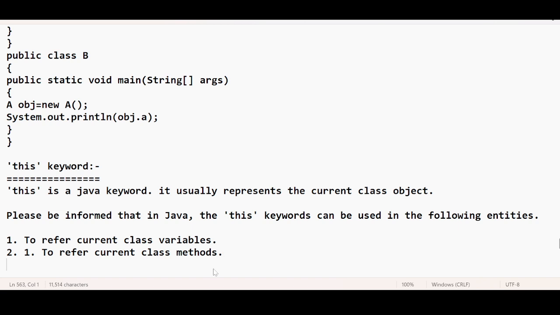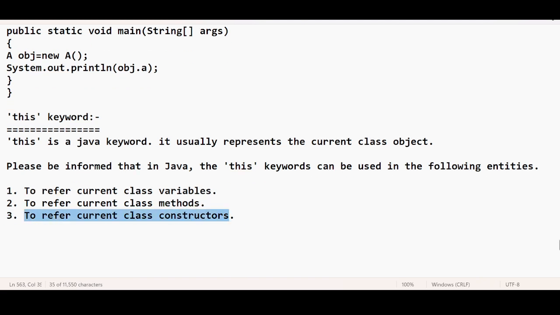Third point, to refer to current class constructors. Methods, variables, constructors. And the last point is to refer to current class objects.